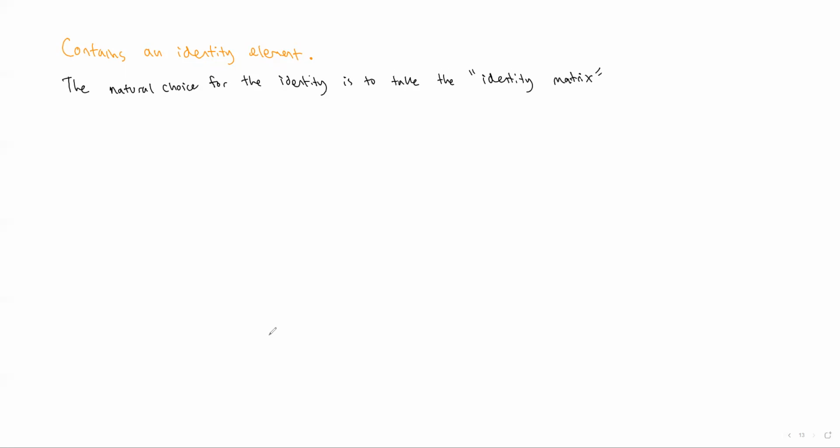I use identity matrix in quotations to avoid any confusion, because the name of the matrix is the identity matrix, but that doesn't mean it's necessarily the identity for O_N. It is, but just because it's named that doesn't mean it is. It's named that because it's the identity for all matrices, but we have to check that it's actually in O_N.